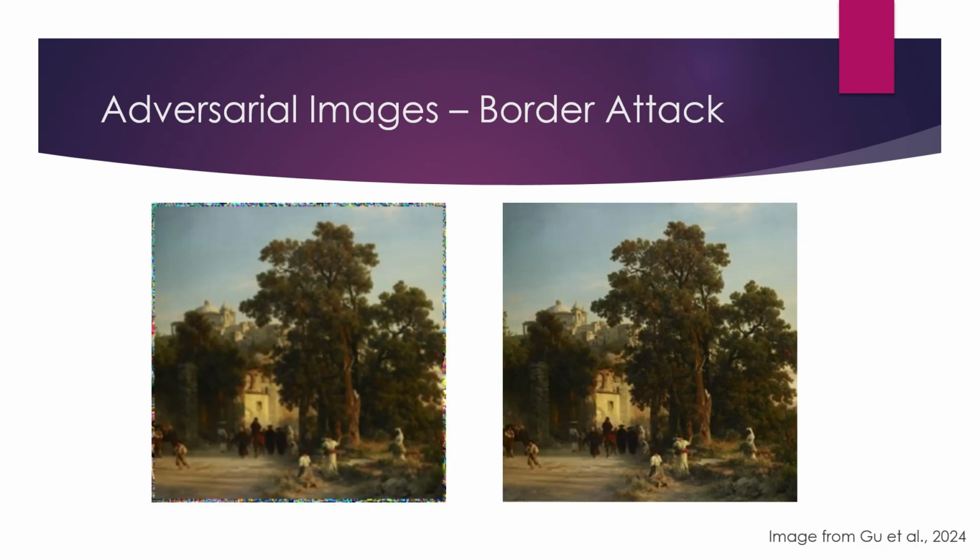In the paper, they provide this example of a border attack. On the left is a malicious adversarial example, and on the right is a non-malicious, the original image. You may not be able to see it here, but on the left there is a border of pixels which have been corrupted.